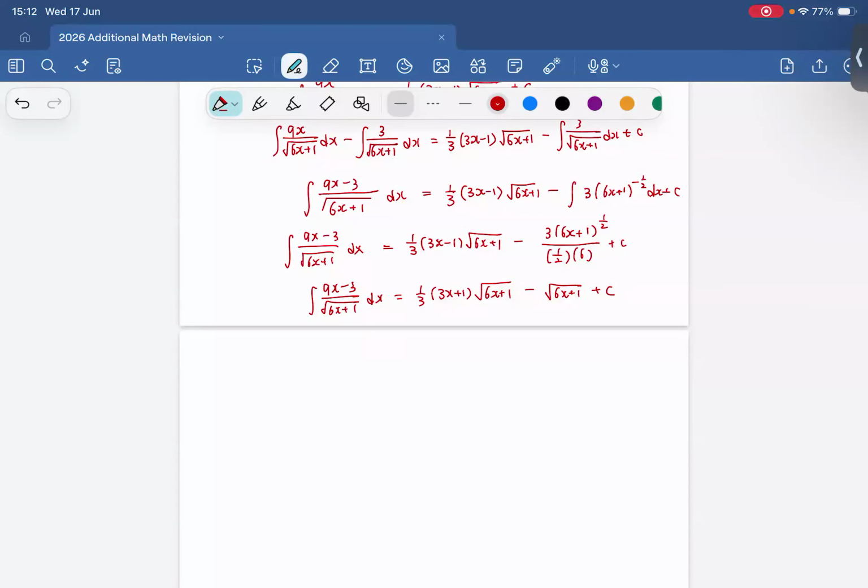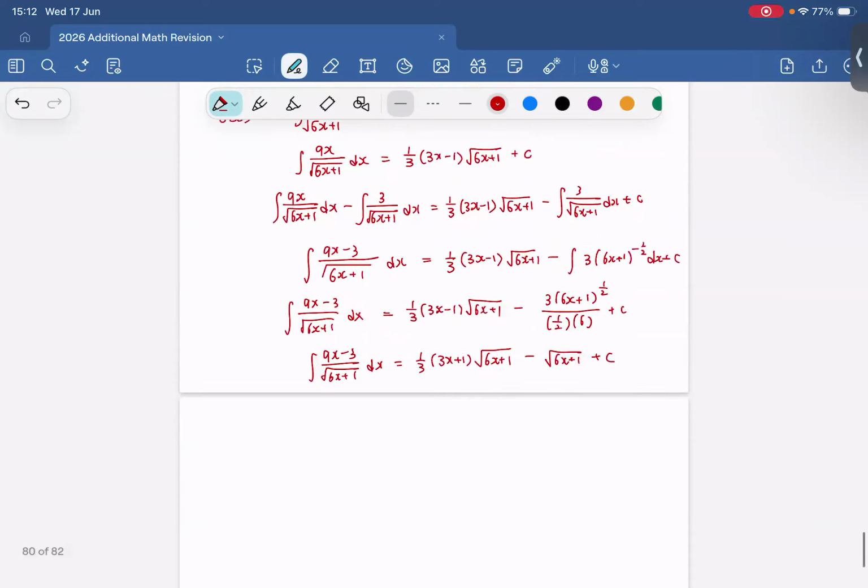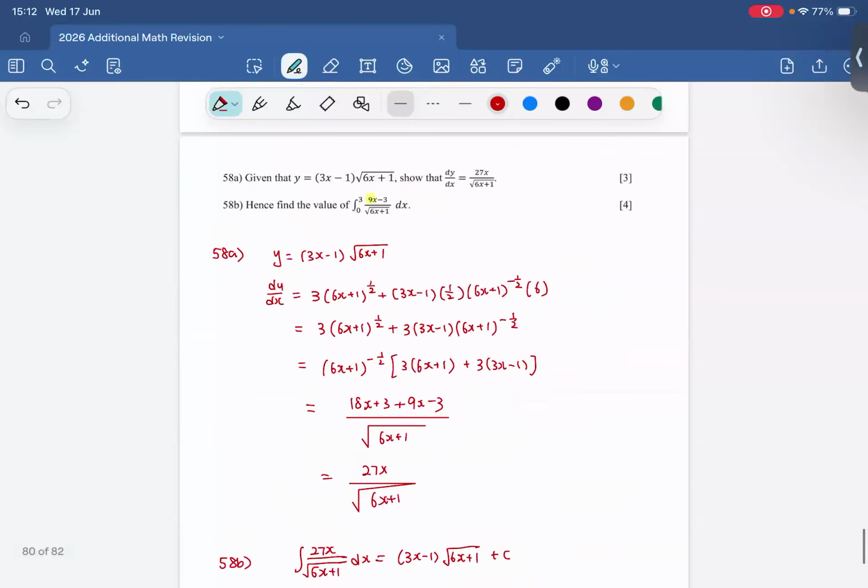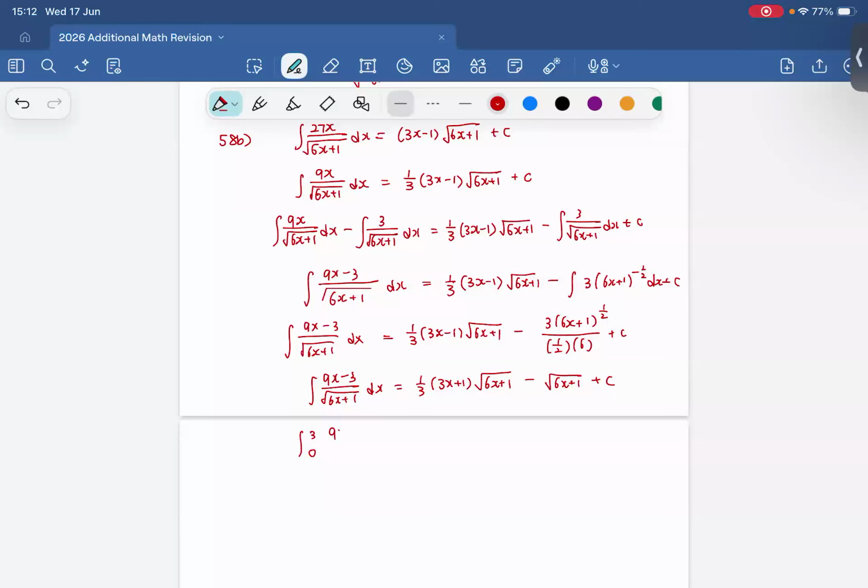Okay, but this is not what the question asks. The question is asking for a definite integral. So they have 3, 0. So integrate. Okay, so to make sure that it's easier to press, you should do something like that.